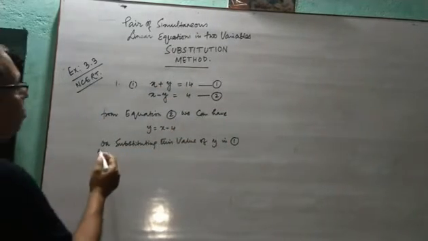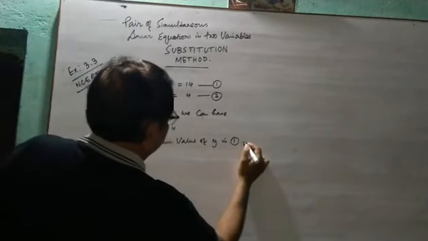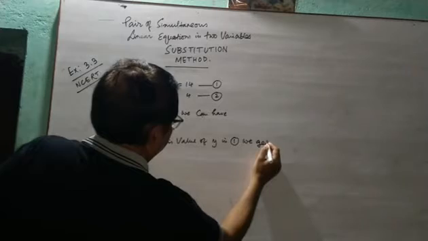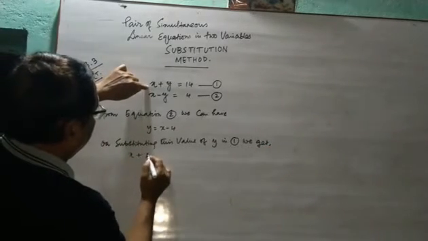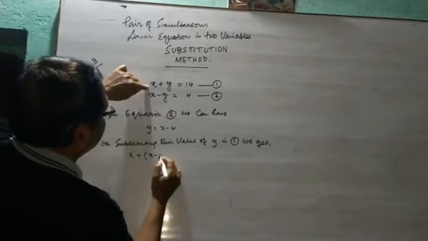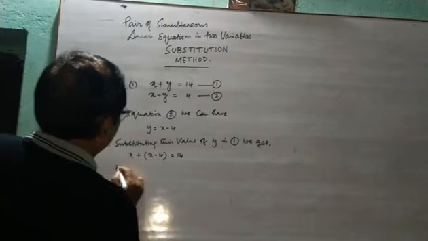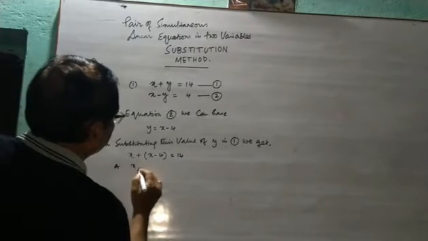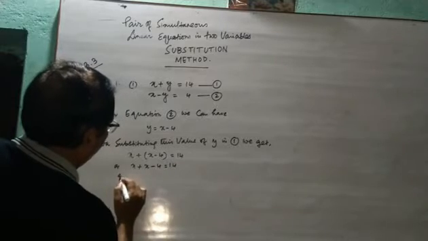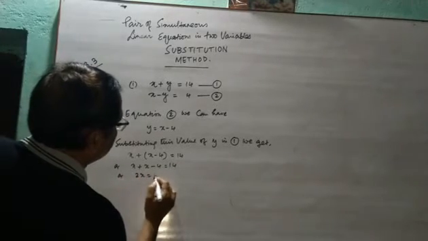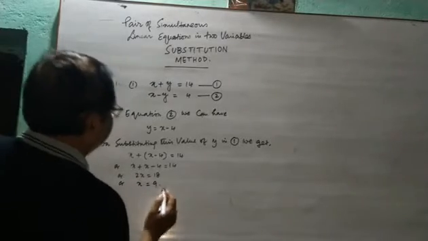So that we are doing, on substituting this value of y in 1, we get x plus x minus 4 is equal to 14, or 2x equals 18, or x equals 9.